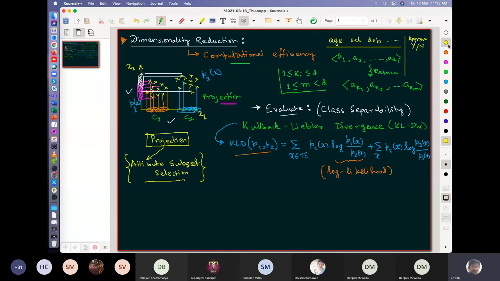As you can see, the complexity of such a selection is this: suppose you have D attributes and you need to select small d. How many possible ways can you do it? It's capital D combination d, right? These many options.